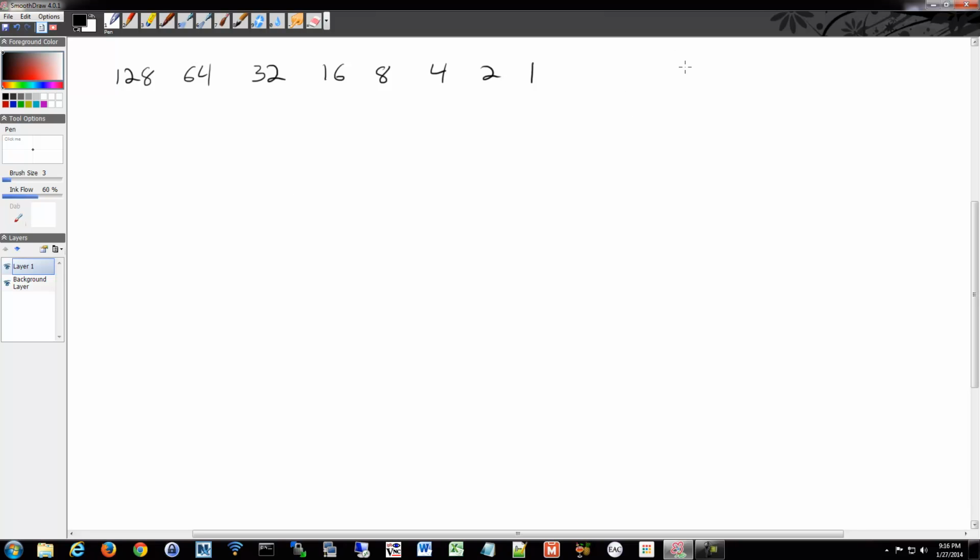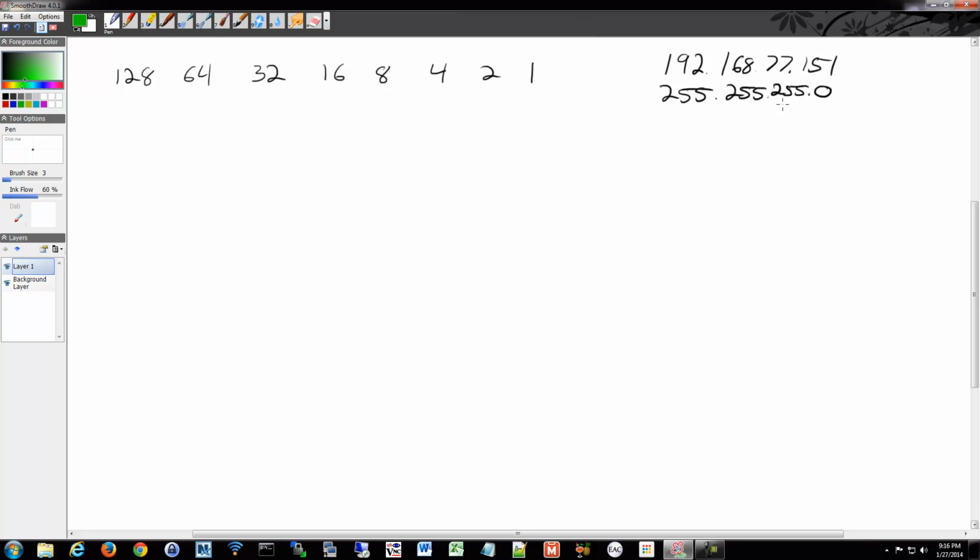So I have an address here of 192.168.77.151. My subnet mask is 255.255.255.0. So what does that mean?